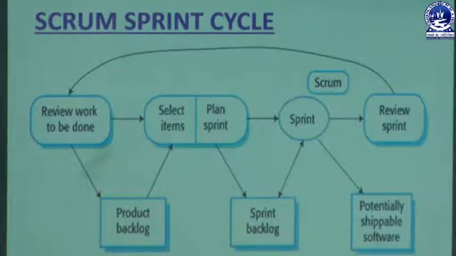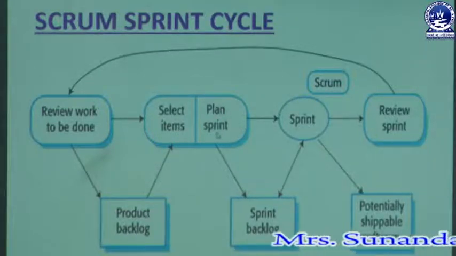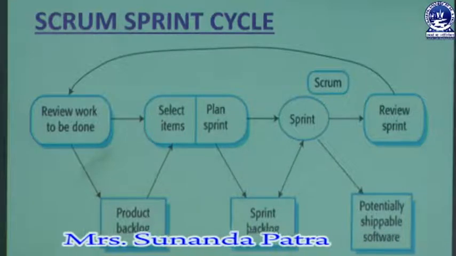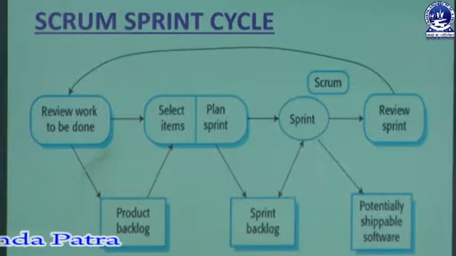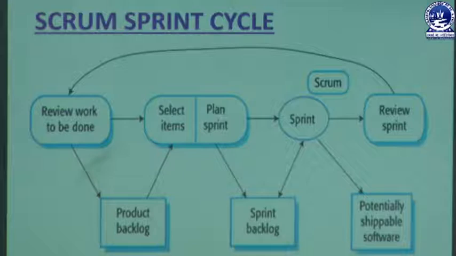After selecting the items, we will go for the sprint plan. That means within a sprint cycle, we will have another version. So we go for planning the sprint, what should be done. When we plan the sprint, we have a sprint backlog. What is the difference between the product backlog and the sprint backlog? When we develop a software or a product, the features of that product are the product backlog, that is the whole product.